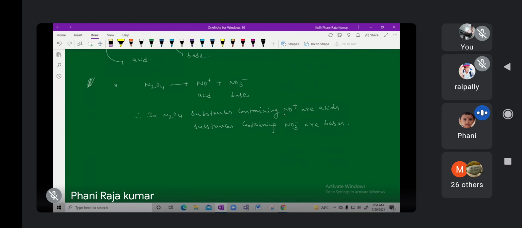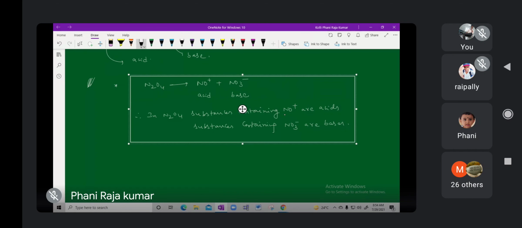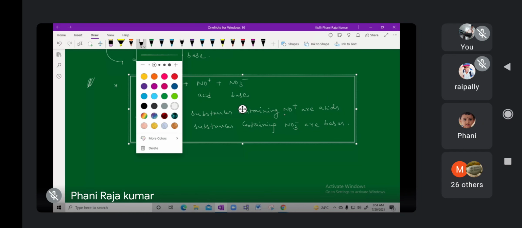These definitions are valid only in N2O4 solvent. So these are new definitions for acids and bases in N2O4 solvent.